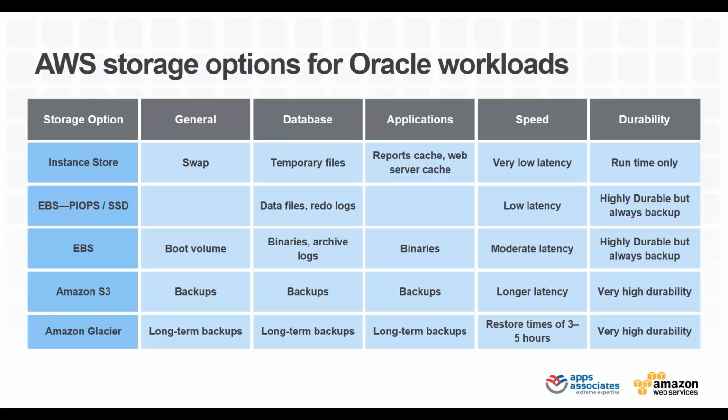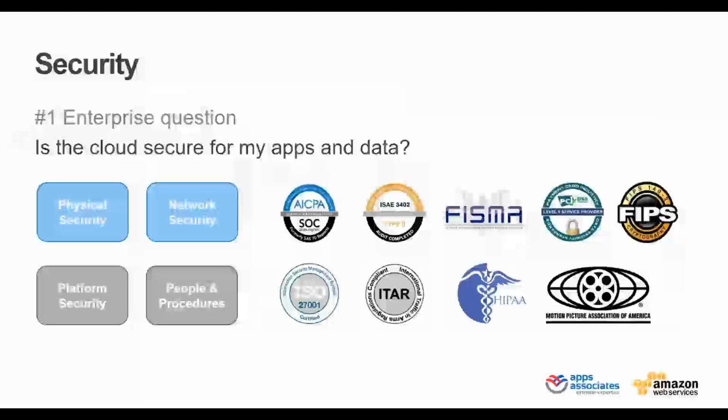Let's talk about another important subject for any organization that is considering moving to the AWS platform: security. The number one enterprise question: is the cloud secure for my apps and data?